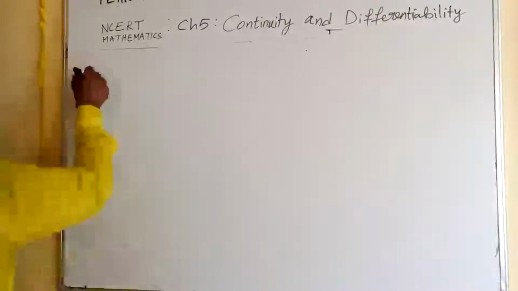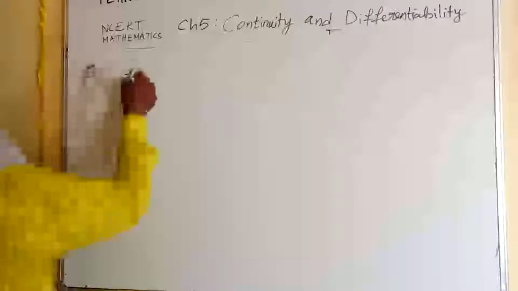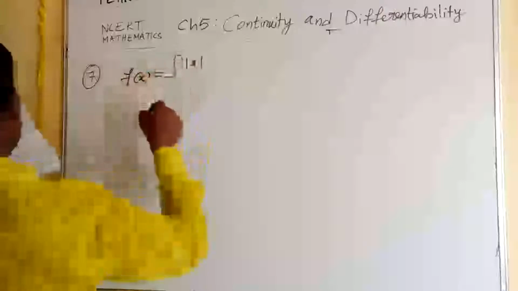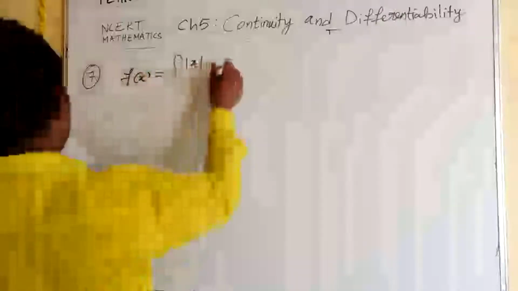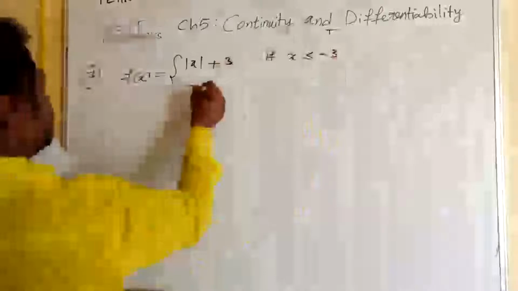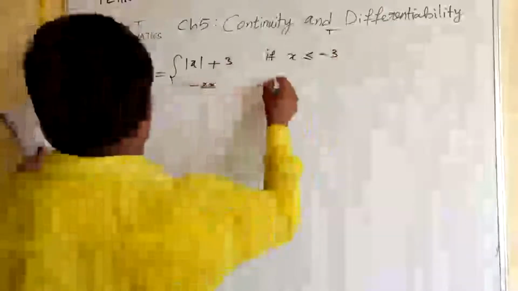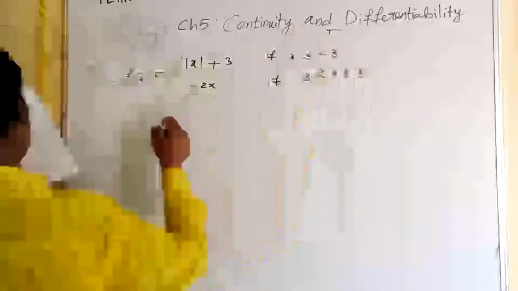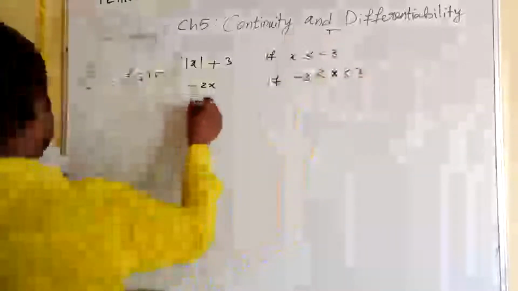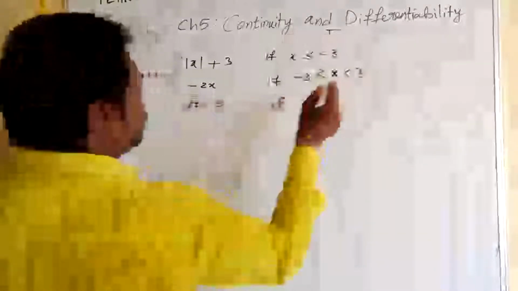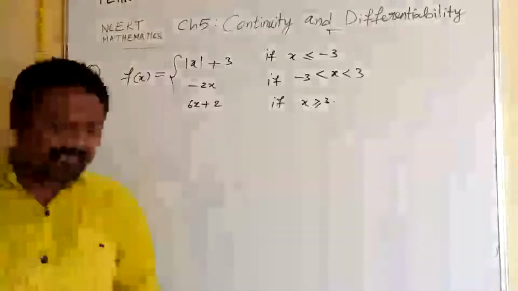The 7th one: f of x is equal to modulus of x plus 3 if x is less than or equal to minus 3; another one, minus 2x if minus 3 is less than x is less than 3; next, 6x plus 2 if x is greater than or equal to 3. These are the conditions they were given.